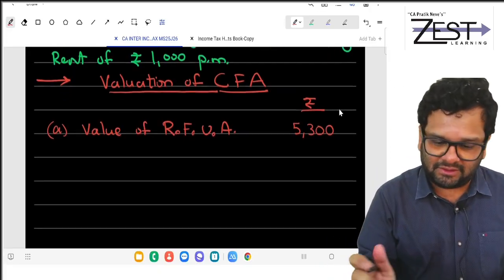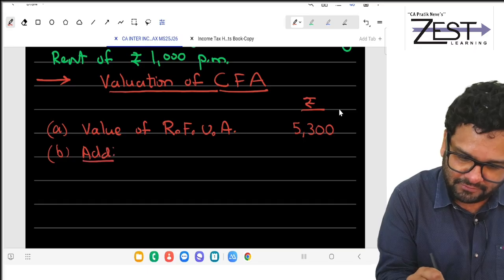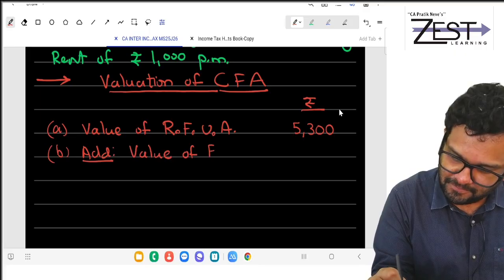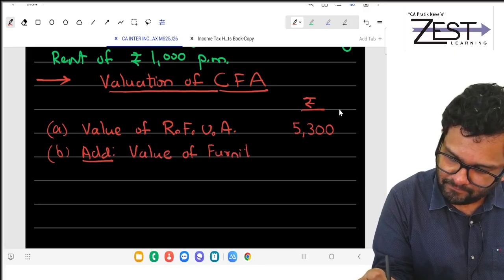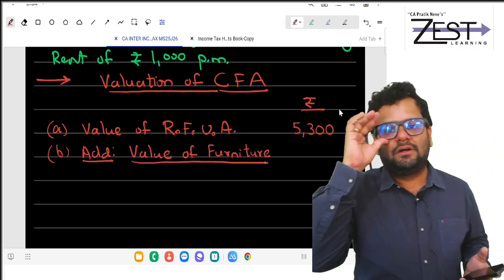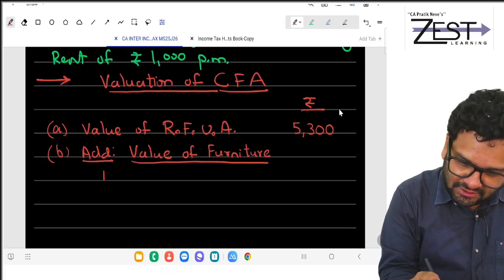5,300. B, add value of furniture. Find value of furniture. What furniture do you have? One is the television.